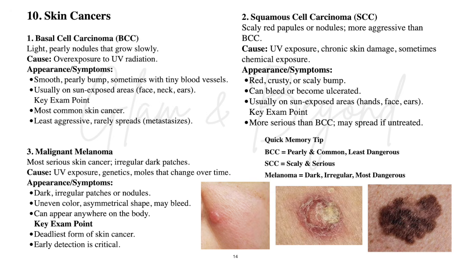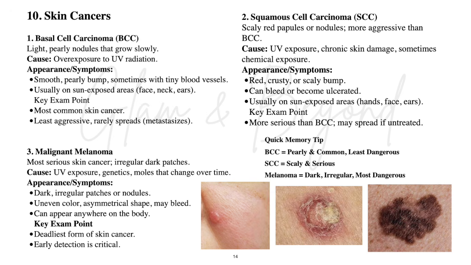Once again, face, neck, ears. Key exam points to remember. Basal cell carcinoma is known as the most common skin cancer, and it is the least severe, the least aggressive, rarely spreads. Okay, that would be basal cell carcinoma.